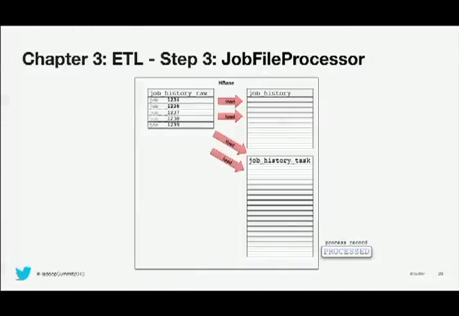Then the ETL process has a third and final step here, and that runs just as a MapReduce job, just on the HBase cluster itself, just on the target cluster. And what happens there is that we end up taking all these records that have been loaded into the raw table, and we end up generating them into a history table and a task table and index tables. So what we're doing is instead of having all of the individual job history as one large file, we'll parse it apart and we shoot it out into details and create indexes.